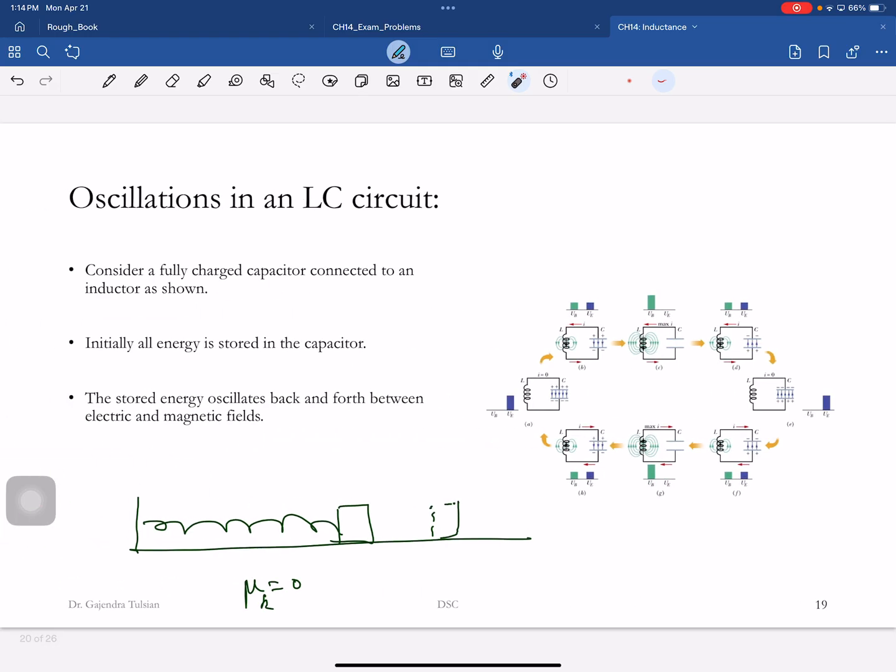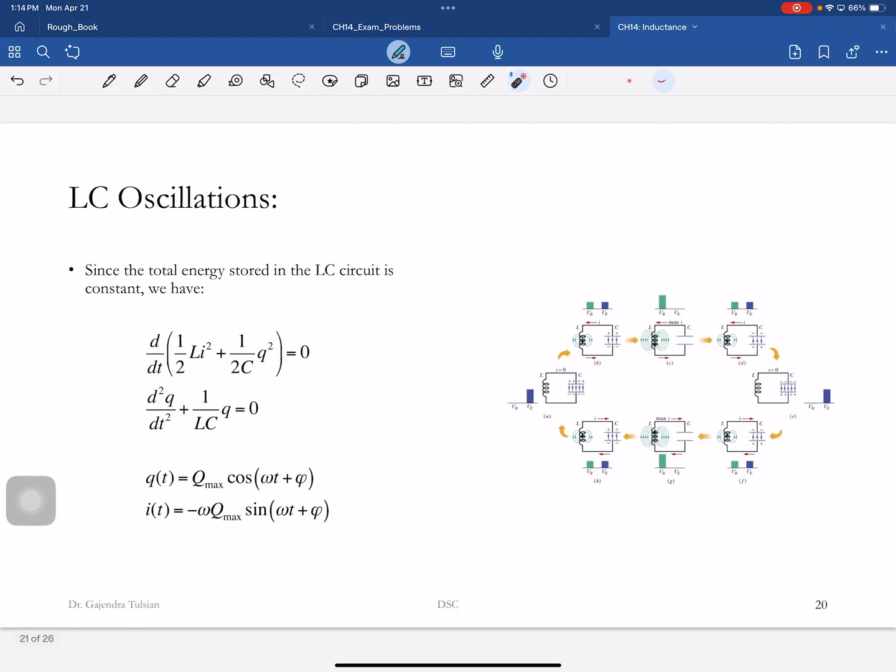How do you study the behavior of any system? Different relations? There you go. So let's set up a mathematical model for it. At any given time, there's energy stored in the inductor and energy stored in the capacitor. Here's the energy stored in the capacitor. Here's the energy stored in the inductor.